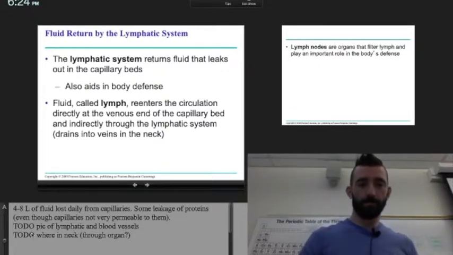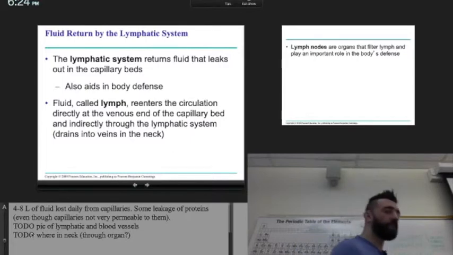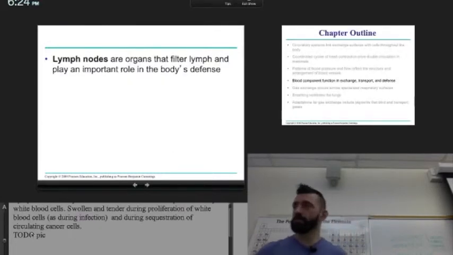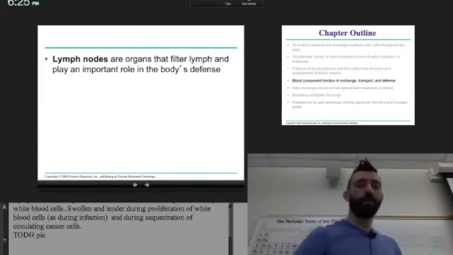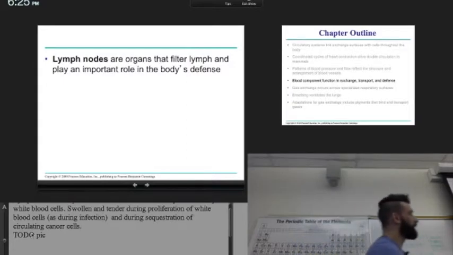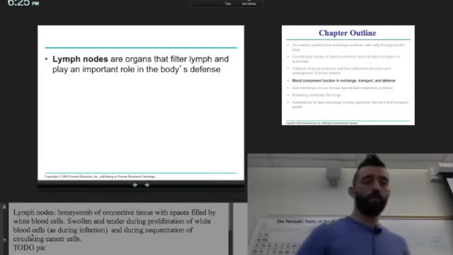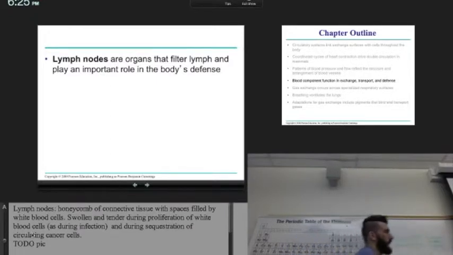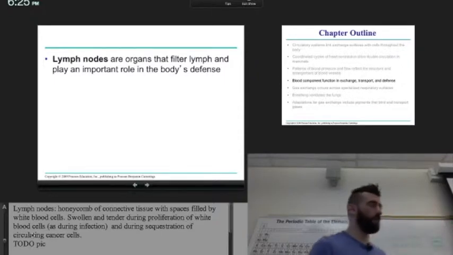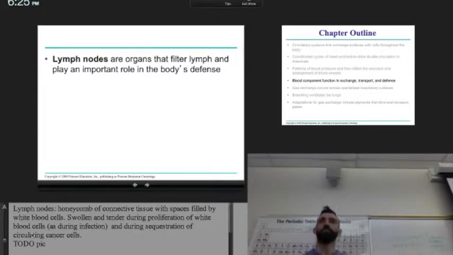Those are the lymph nodes. Yeah, lymph nodes, I'm so glad you asked. They are organs that filter lymph. They're basically like honeycombs of connective tissue, with a bunch of white blood cells inside them. So when you have an infection, your white blood cells will proliferate, right? And that's why your lymph nodes get swollen when you're sick. That's why your doctor checks your lymph nodes.